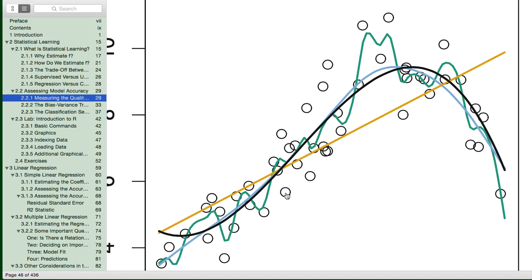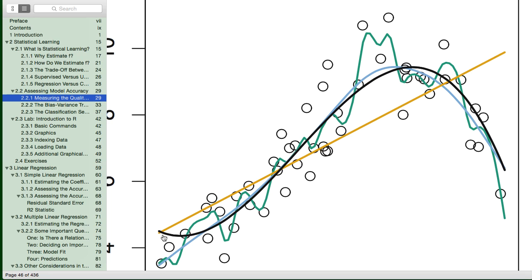Well, of course, it's the green one that is the more flexible method, and we know it's more flexible because it fits the training data more precisely. See, it fits exactly the training data. However, the blue line, another smoothing spline, which isn't as good a fit, so it's going to have a bigger MSE than the green line, is actually much closer to reality.